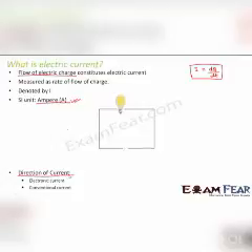Now the direction of electronic current, that is the flow of electrons, will take place if this is the positive terminal of the battery and this is the negative terminal. The electrons will come out from the negative terminal. So the direction of electronic current is from negative to positive.